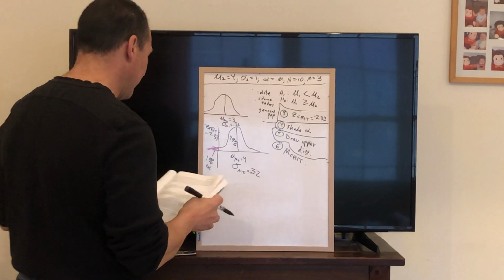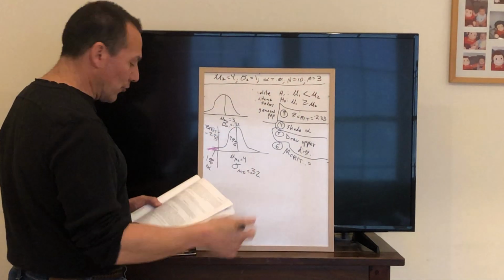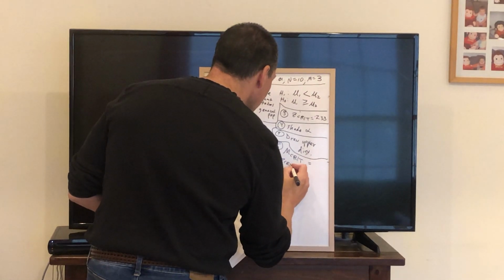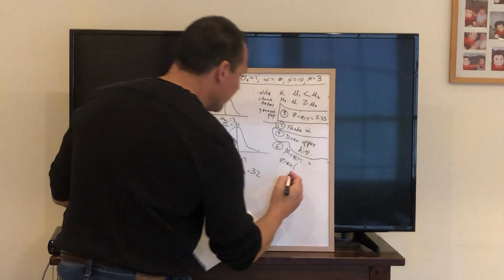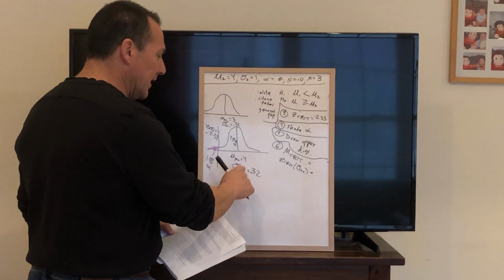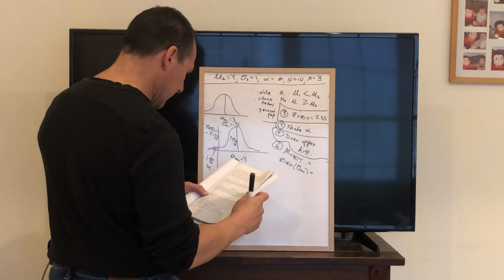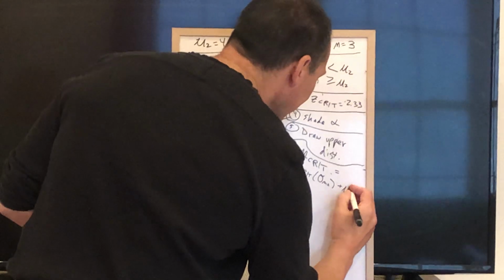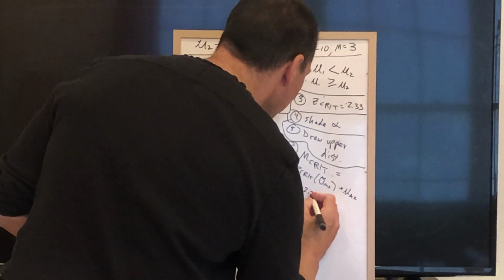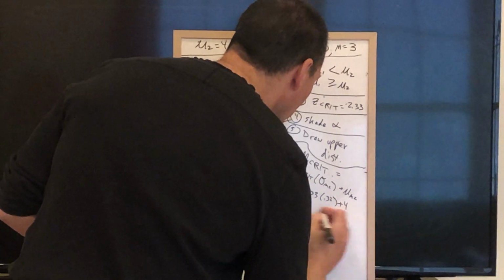M critical equals, it's just converting this z critical to a raw score. So it's z critical times the appropriate standard deviation, in this case sigma sub m sub 2, plus the appropriate mean, which in this case is mu sub m sub 2, which equals negative 2.33 times 0.32 plus 4.